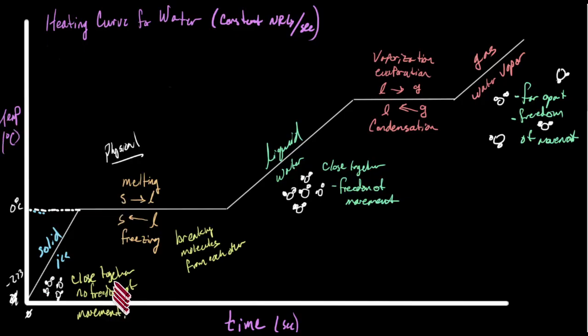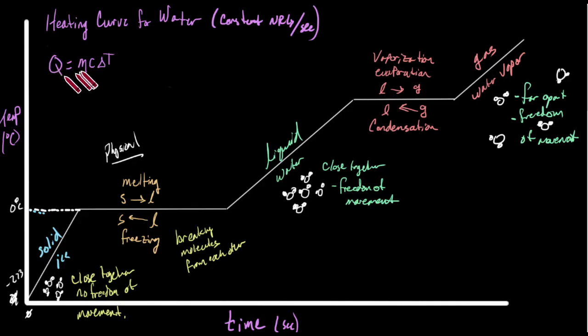Okay, so we have an equation. We've dealt with what effect continuing to add heat to a substance will have on our temperature. So that is our Q equals mc delta T.